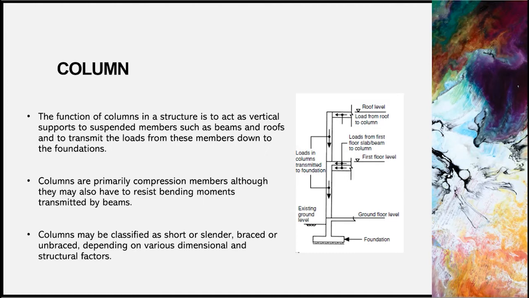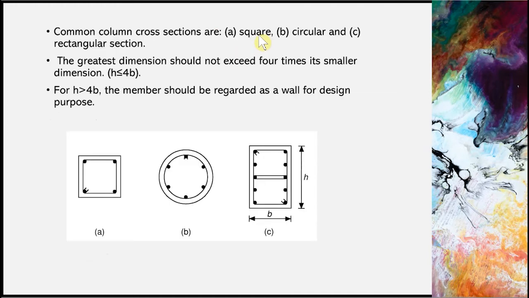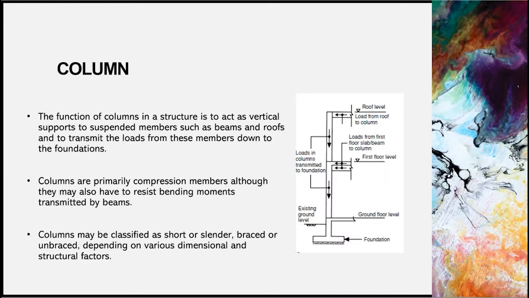Columns are primarily compression members, although they may also resist bending moment transmitted by beams. Because column ni dia actually berdiri tegak like this, mostly the loading yang come from above is basically axial load ataupun load jenis lain lah. Axial load meaning axial tu maksudnya betul-betul dekat tengah, equally distributed, betul-betul dekat tengah daripada column.